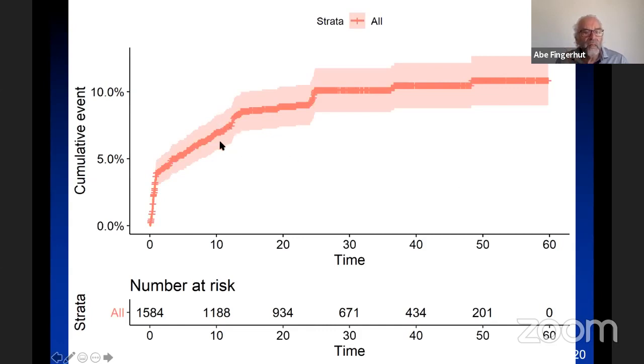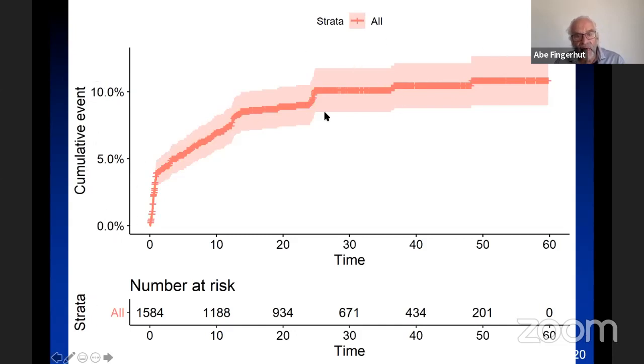Here we see that the spread is indicated by the light pink, whereas the red is the Kaplan-Meier plot. We have on the abscissa axis the time, but we don't know what the units are. It should be indicated minutes or seconds or whatever. Here we have the cumulative event with the percentages.